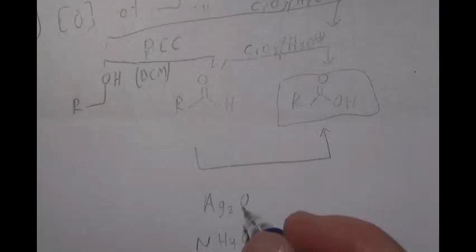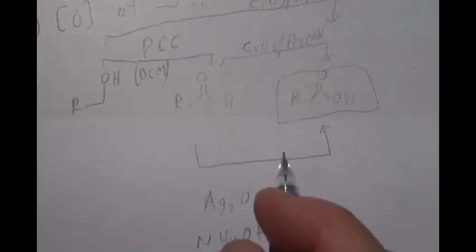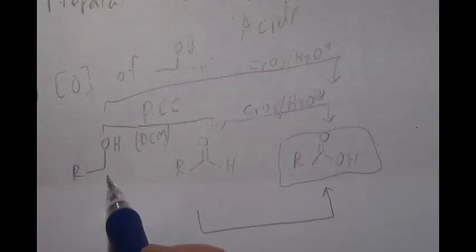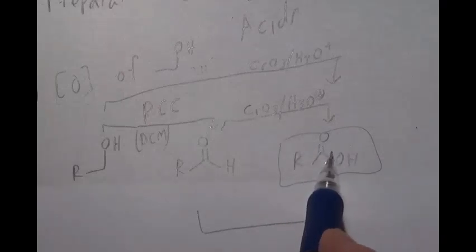It's not a commonly used oxidizing agent because it uses silver, and of course silver is really expensive. But anyway, it is a way to go from an aldehyde to a carboxylic acid. All right. Now let's talk about the mechanism from the primary alcohol all the way up to the carboxylic acid. Let's think about the mechanism for that.